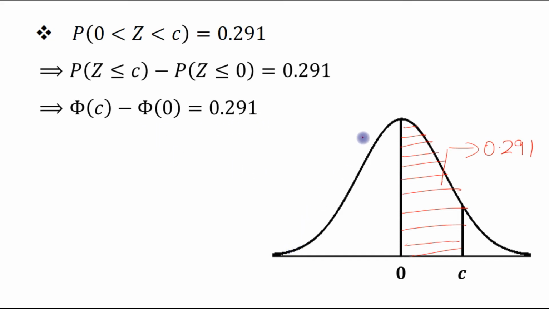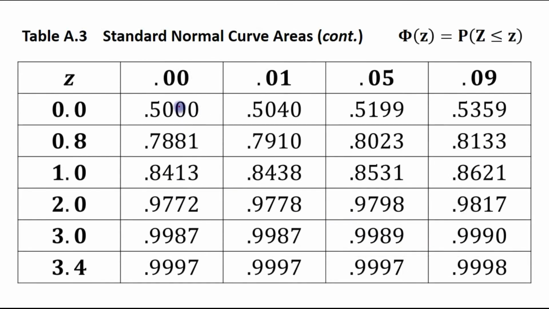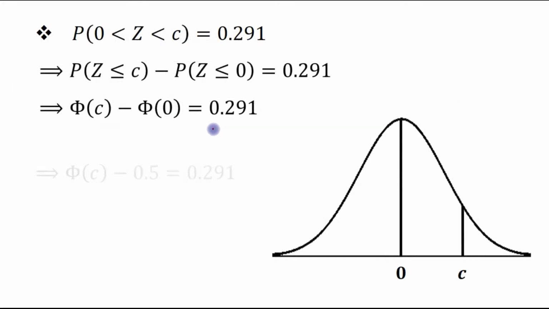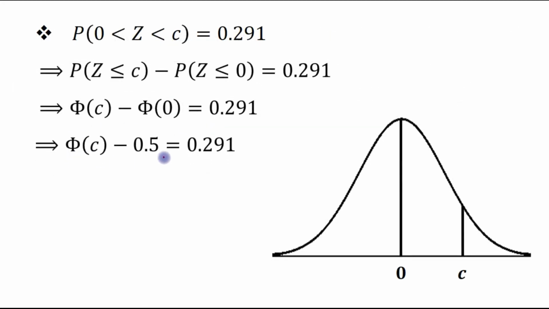We know that the total area under this standard normal curve is 1. So the area to the left of 0 will be 0.5. We can also confirm this by looking at this table. So phi 0 is 0.5. In the next step, we can write it as phi C minus 0.5 equals to 0.291.